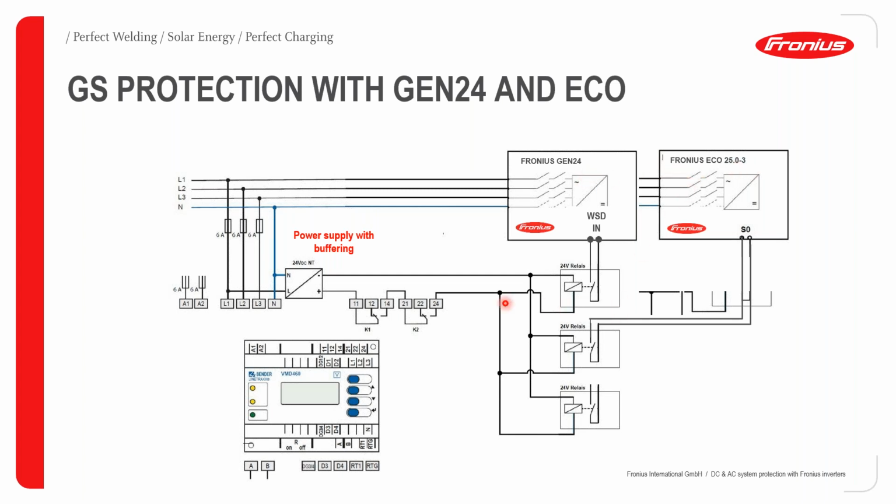So not much of a difference, just that each will now have its dedicated input. So we now have an input for the S0 switch using the respective scheme as explained earlier, while that of the Gen24 Plus will now be implemented using the WSD terminal. So we're going to be looking more into this to kind of explain how they are implemented in each case.